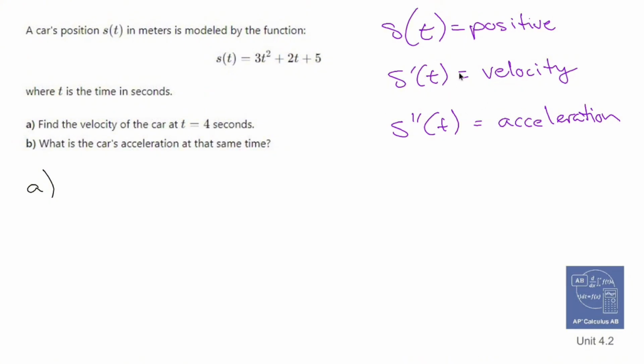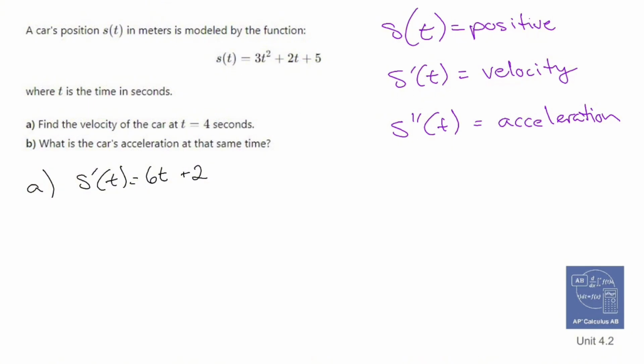That requires me to find the derivative of s. So the velocity function s'(t) is going to use the power rule. The derivative of 3t^2 is 6t. The derivative of 2t is 2, and the derivative of 5 is nothing.